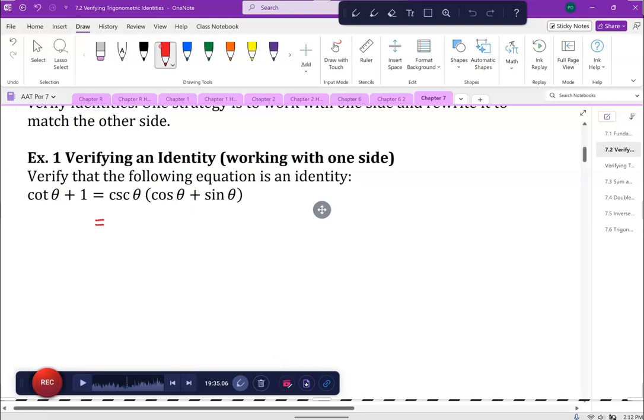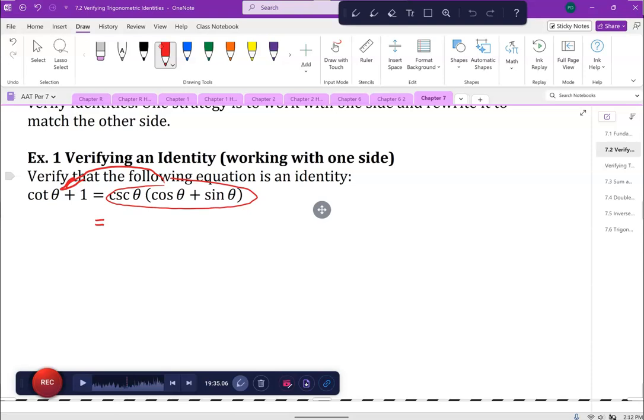What I'm trying to do is manipulate the right-hand side so it looks exactly like the left-hand side. I'm going to start by changing cosecant to 1 over sine theta. So I multiply it by the quantity cosine theta plus sine theta, and now I'm simply going to distribute.